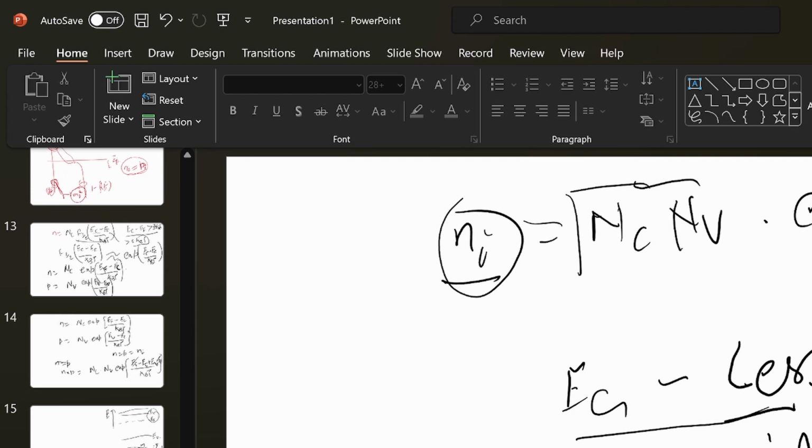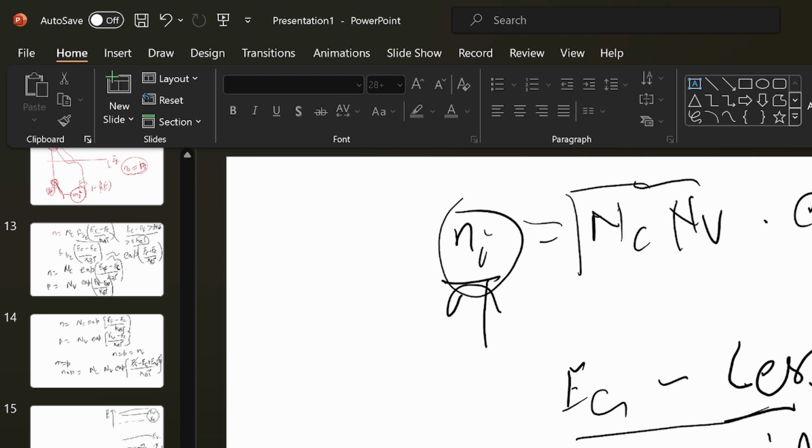So if we increase the temperature, this intrinsic carrier concentration will increase. Do you know about the leakage current? That leakage current in any device is because of this intrinsic carrier concentration only.